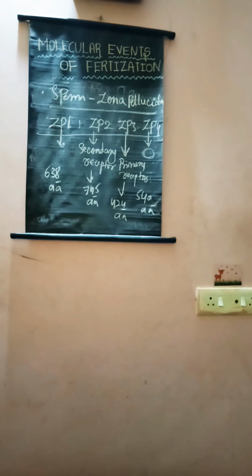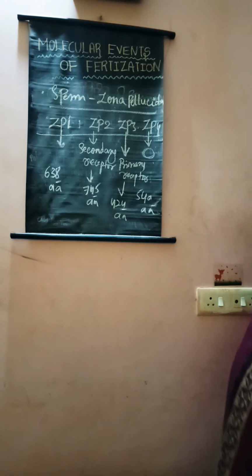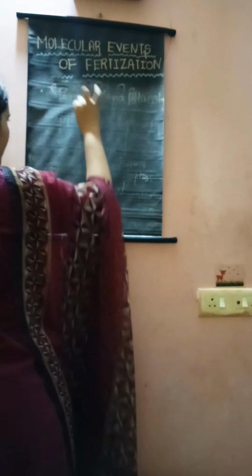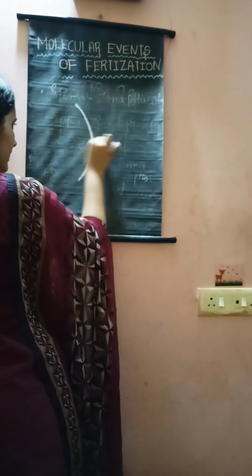Now, when a sperm cell encounters the zona pellucida, it first undergoes binding with ZP3. The ZP3 glycoprotein receptor will first bind to the sperm. This is the zona pellucida, and ZP3 will act as a binding receptor for the sperm cell.